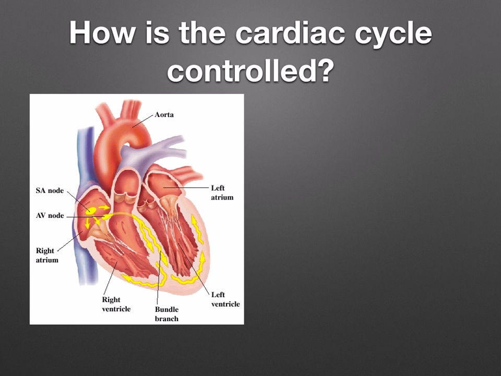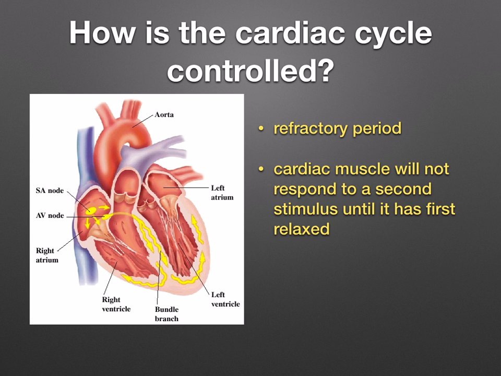Now, cardiac muscle cannot respond to a second stimulus until it's first relaxed. This is called the refractory period. Something to note is that the cardiac muscle will not become fatigued or go into a state of tetanus.